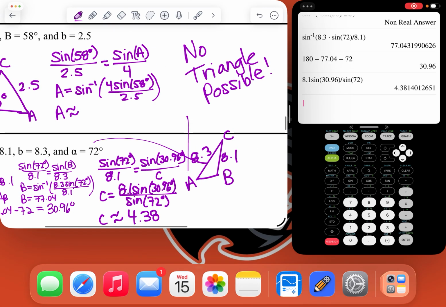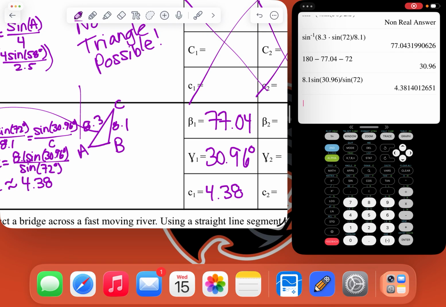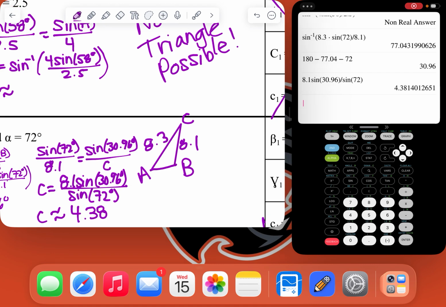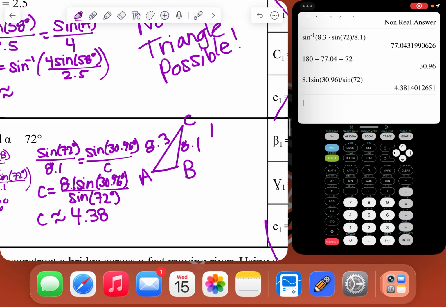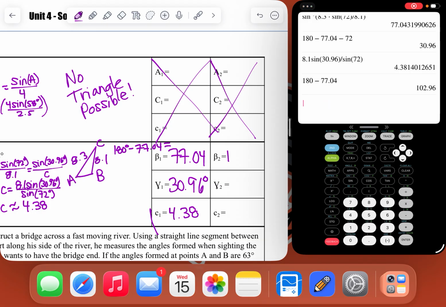Okay, so we do have to check out the other triangle now. So if we do 180 degrees minus angle B, which was 77.04, that'll get us the new angle B. So 180 minus 77.04 gives us 102.96 degrees.